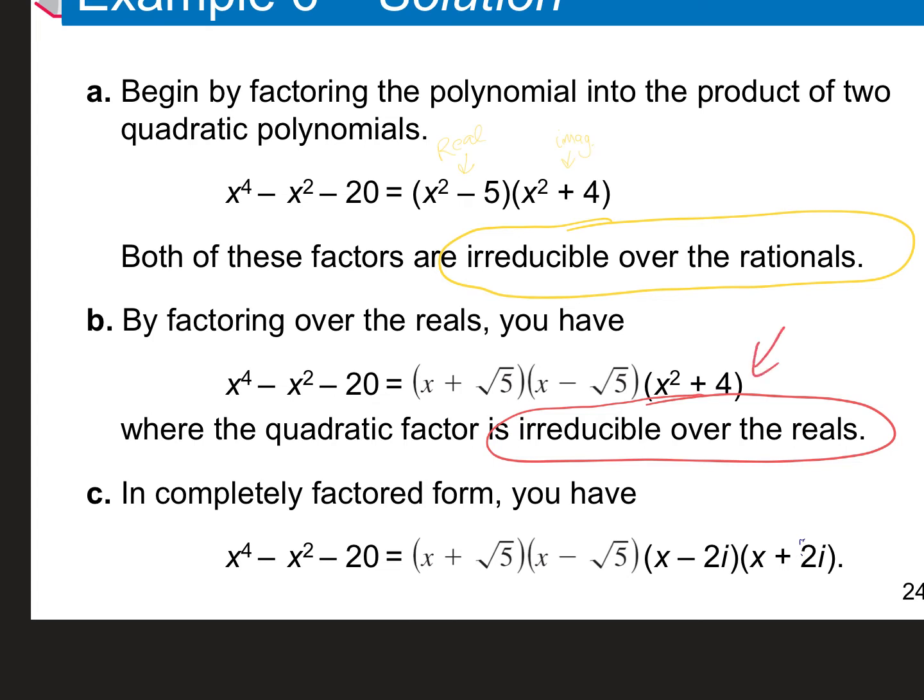Imaginary. Don't break it down anymore. And then if they want it completely factored, you break it down completely. So notice those three different things. Over the rationals means nice, pretty, whole, real numbers only. Irreducible over the reals means only real stuff, nothing imaginary. And then completely means break it all down.